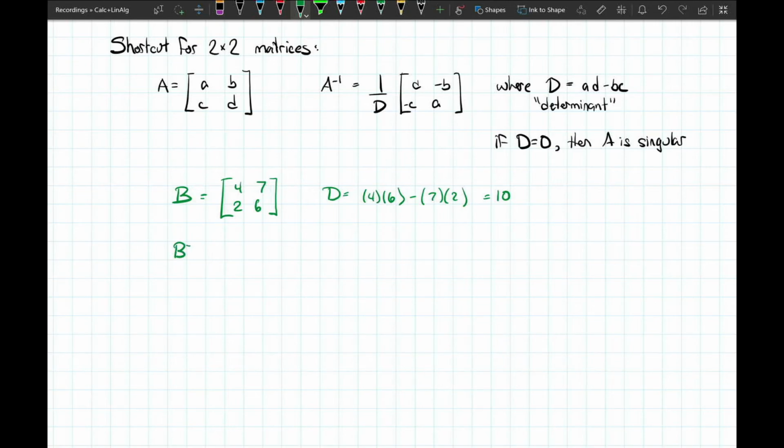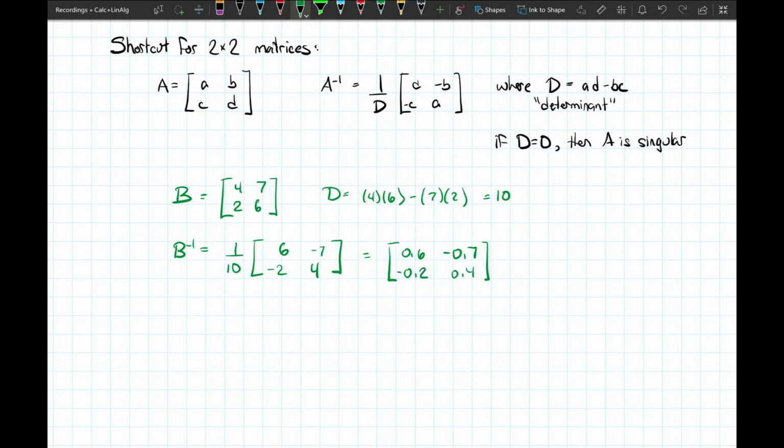The inverse of B is given by 1/10 multiplied by the matrix obtained by reversing the entries in the main diagonal, 6, 4, and negating the entries in the reverse diagonal, -7, -2. And then we distribute the 1/10 in, and we see that we have the inverse, 0.6, -0.7, -0.2, and 0.4.